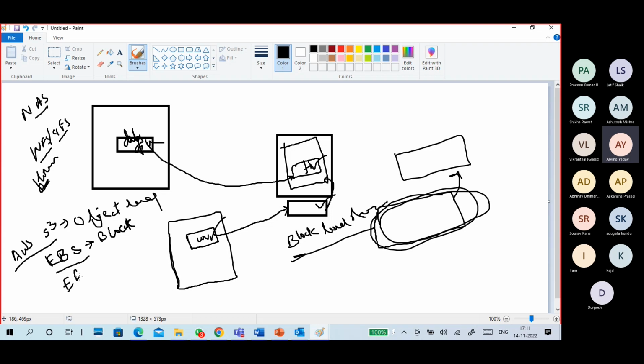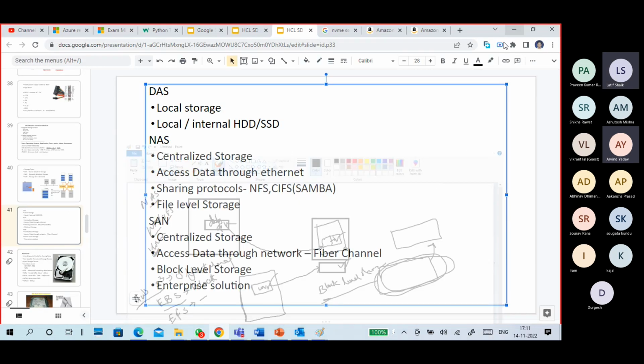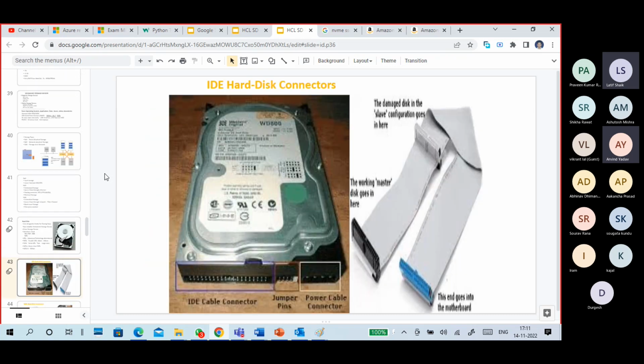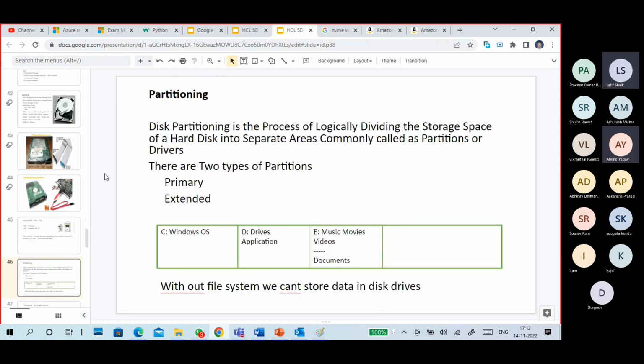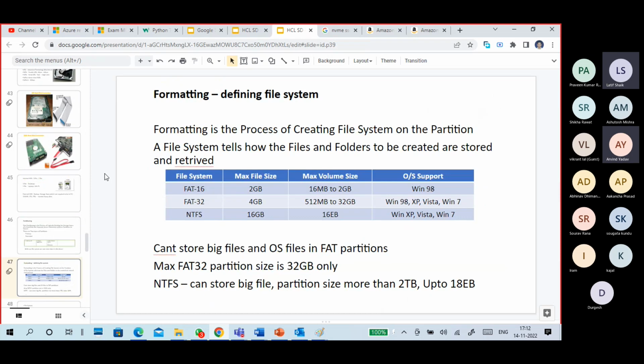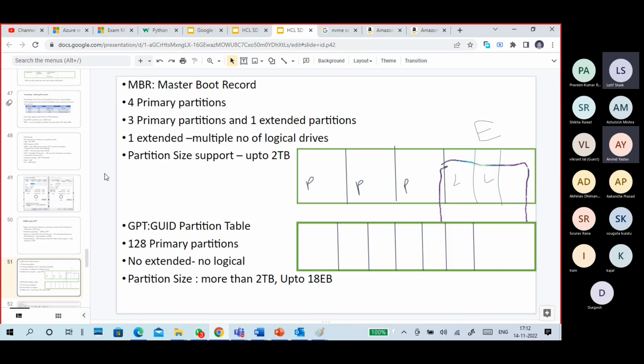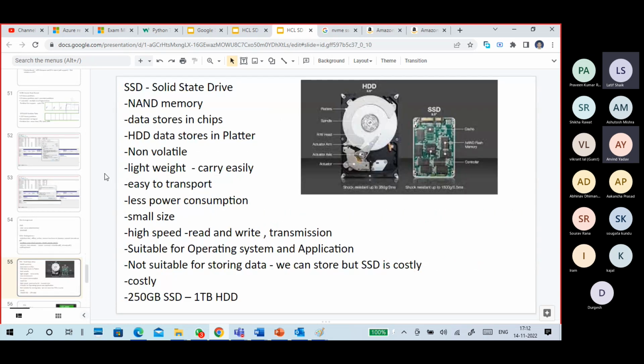EFS, elastic file system, is file level storage like NFS. So these are all connected, just with different names. That's it, about hard disk, SSD, partitions, file systems, and of course NAS, DAS.